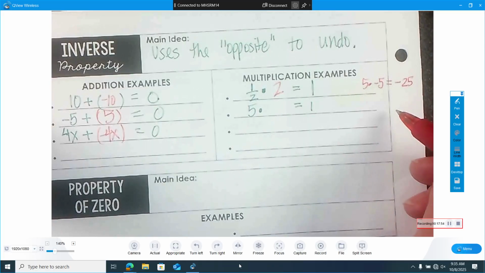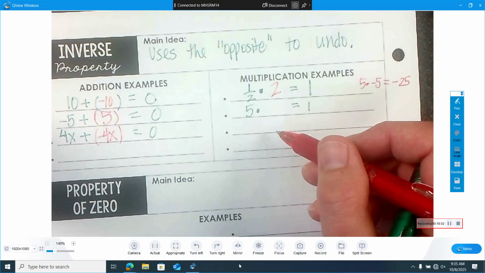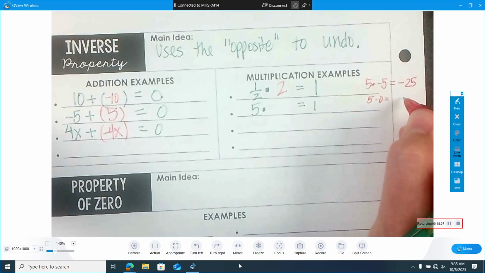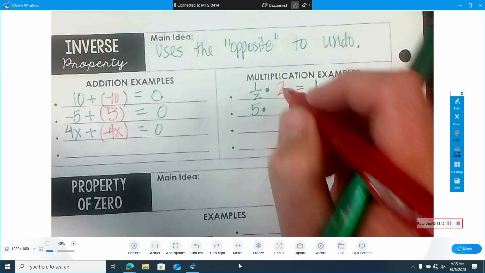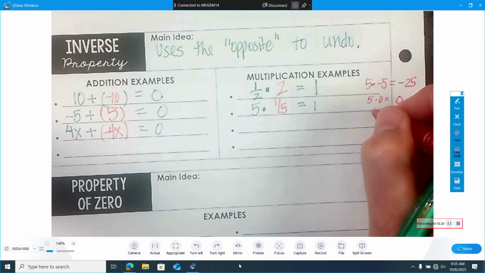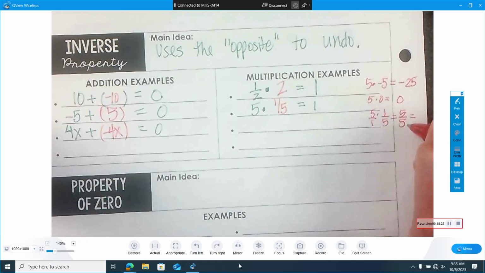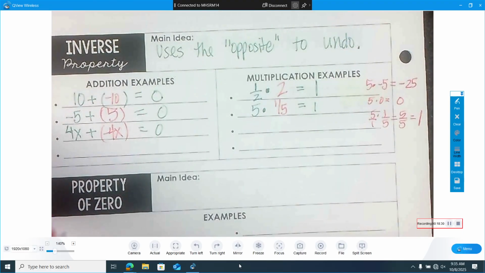It gives me something different. 2 times 1/2 gives me 1. 5 times 0 gives me 0. But I want a 1 here. Yes, very good. 5 times 1 over 5 would give me 5 over 5. And what is 5 over 5? 1. 5 goes into itself 1 time.